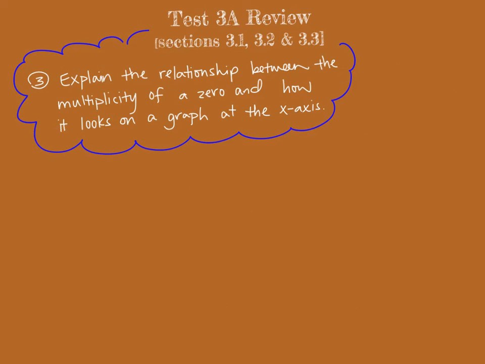I talked about this in number 2 if you watch that explanation, but if we have an even multiplicity like 2 or 4, etc., we haven't really seen any greater than 2, honestly, what our graph looks like is it bounces back.